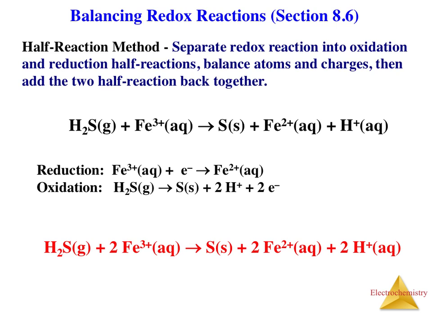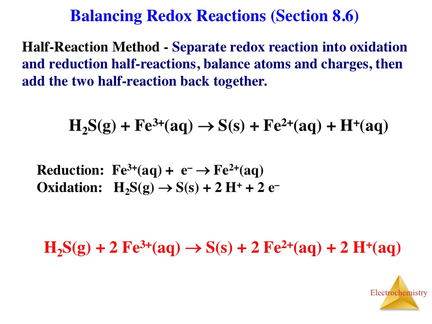So to do this, I break it into my reduction reaction. Fe3+ gains an electron to give me Fe2+. That's the reduction. The oxidation is that H2S goes to form elemental sulfur plus 2 H+ and gives up 2 electrons.